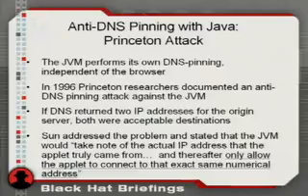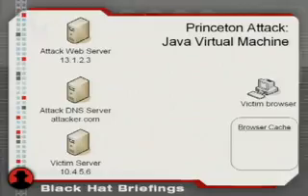Sun addressed the problem pretty quickly and said that in the future, applets would only be allowed to connect to the actual IP address that the applet file, the class or the jar, was downloaded from. Now, I don't have a 10-year-old copy of Sun or of Java, so I can't say exactly how they implemented it at the time, but as you'll see in a little bit, that is not the behavior that the JVM exhibits today.